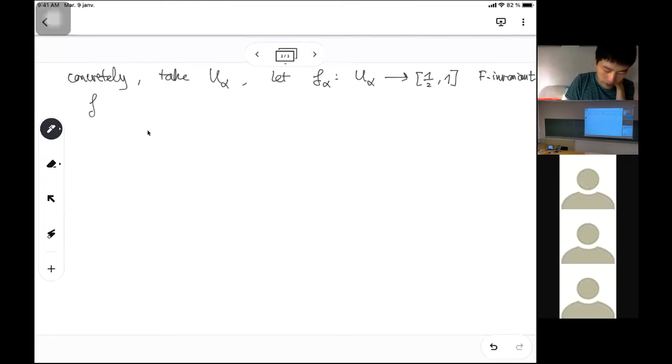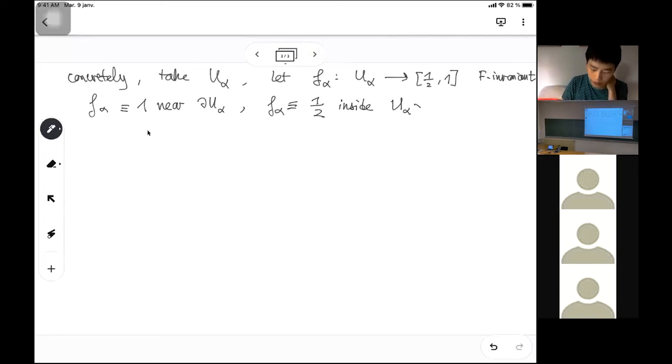And you want to impose that F alpha is going to be 1 near the boundary of U alpha, and F alpha is 1/2 inside, in U alpha minus a tubular neighborhood of the boundary. Then you set your function, the real cutoff function, equal to delta to this power, so it depends on delta, the collapsing parameter.